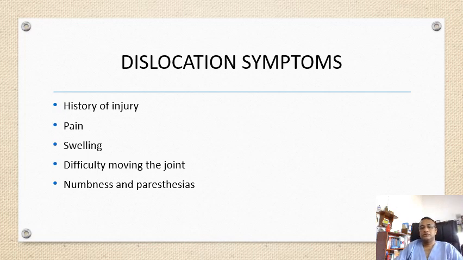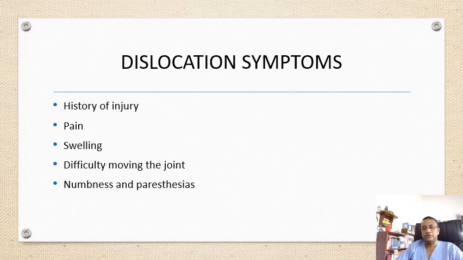Now we have to discuss the symptoms of dislocations. A patient will come to you with a history of injury and will complain of pain in a particular joint. He will complain of swelling in that joint and surrounding area. His main complaint will be inability to move his joint.